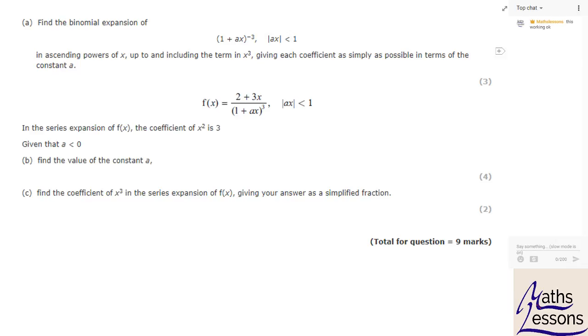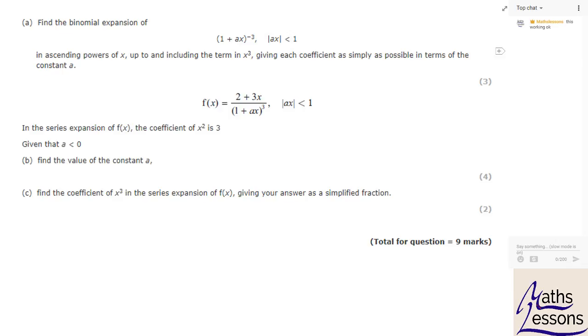Right, we want to expand this first of all. So we're going to expand (1 + ax) to the minus 3 using the same formula as before. There's no need to do any dividing because I've got a 1 at the beginning.